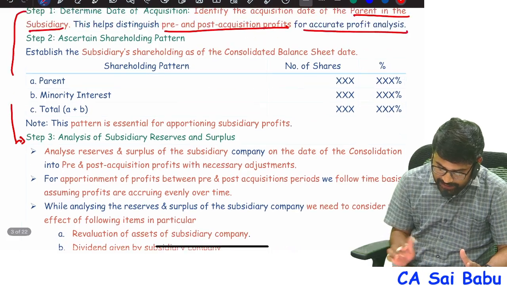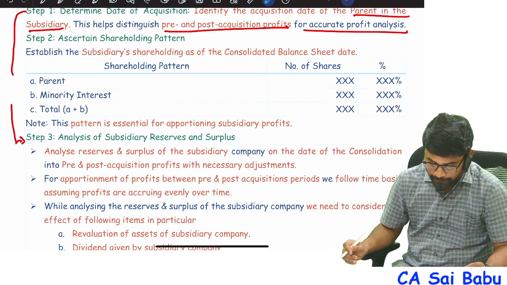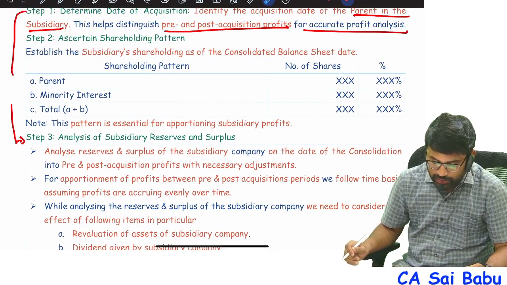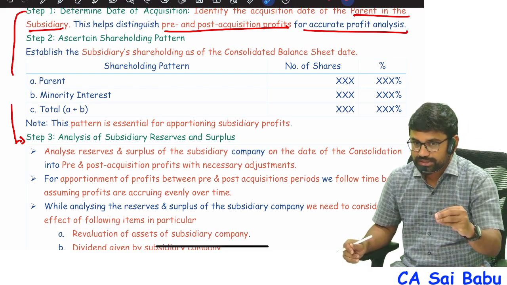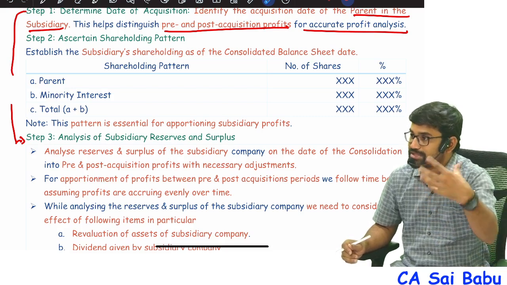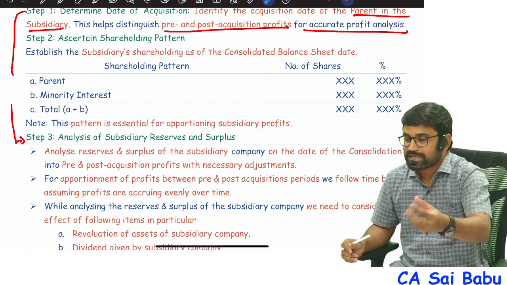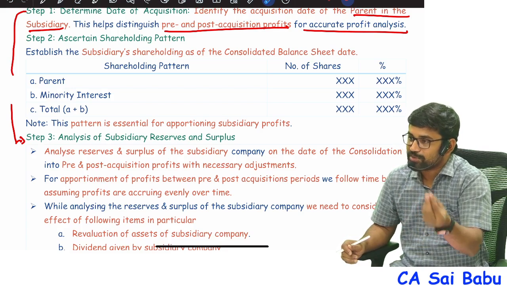Second step, ascertain the shareholding pattern. That is, on the date of consolidation in the subsidiary company, who is having how much share? Parent company is having how much share? Minority interest, other shareholders, how much share, we need to determine.